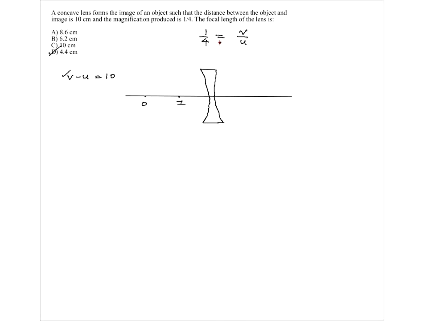So 1, 2, 3. That should be enough. If you are still not getting 4.4, then let me know.